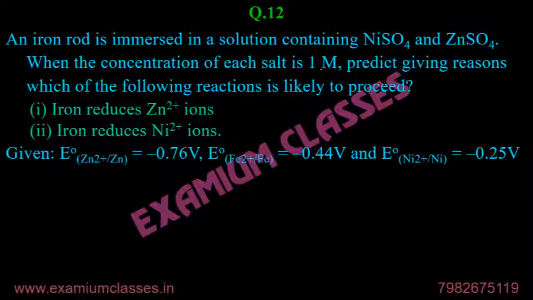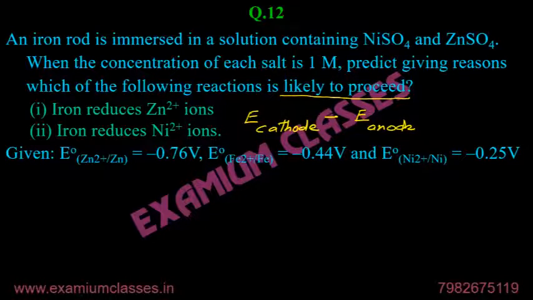Whether the reaction will happen or not, whether it is likely to proceed or not, can be decided by the electrode potential for the reaction happening at cathode, minus the electrode potential for the reaction happening at anode.